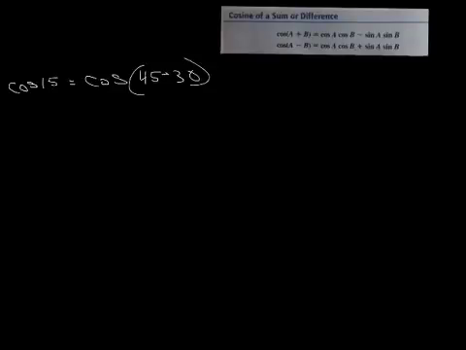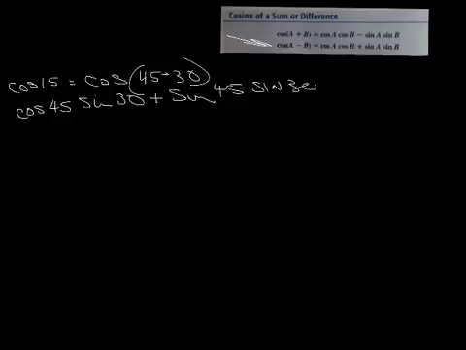Alright, now if I write it in this manner right here, I'll get the cosine of 45 cosine of 30 plus the sine of 45 sine of 30. Alright, then it's real easy.